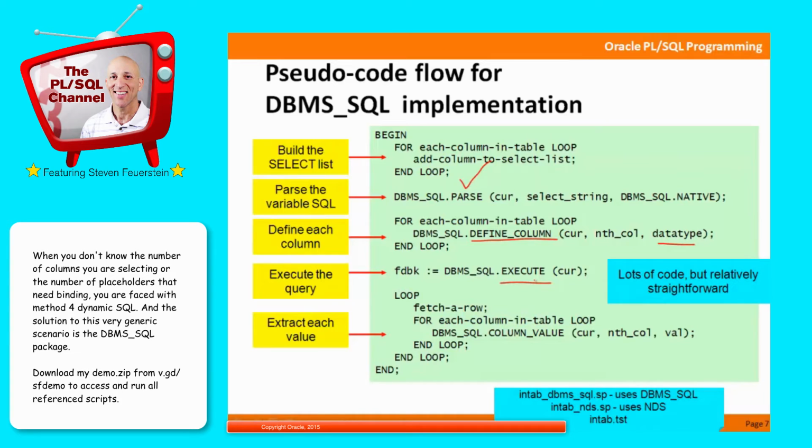Then I can execute the query. And all that does is essentially identify the rows and columns, the set that I'm going to retrieve for this query. Then inside a loop, I'm going to fetch the next row. And while I'm not done, for every column in my table, I'm going to call column value to retrieve the value at that location.